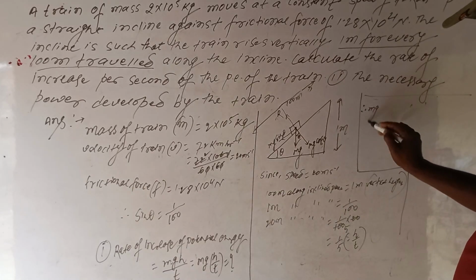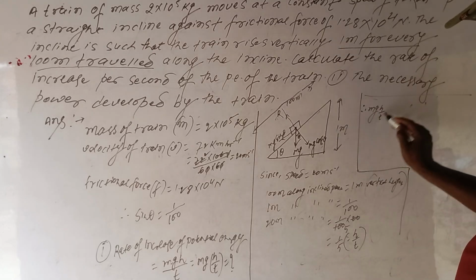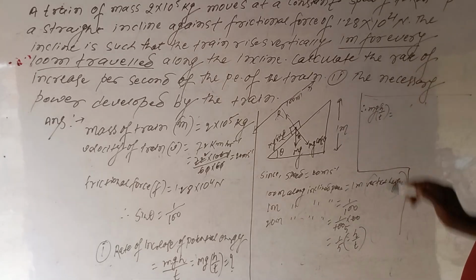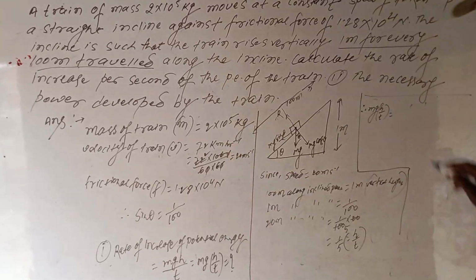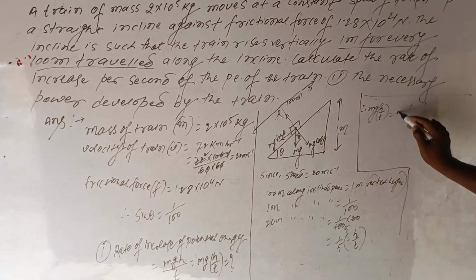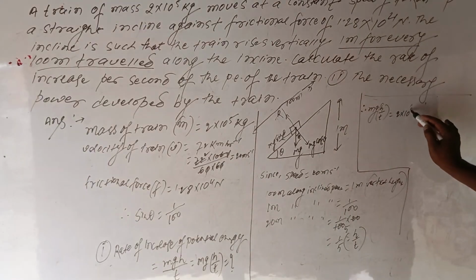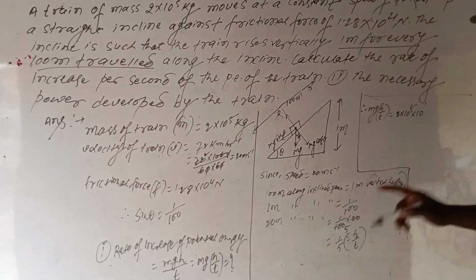Therefore, we use the formula for the rate of increase of potential energy as mgh by t.